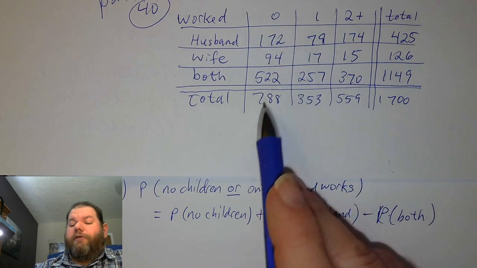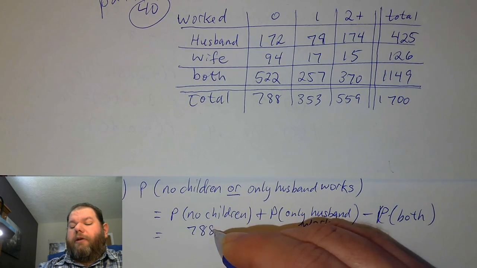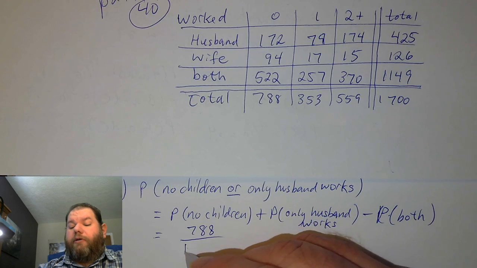Yeah, 0 children. The sum of that column is 788. In how many couples did only the husband work?